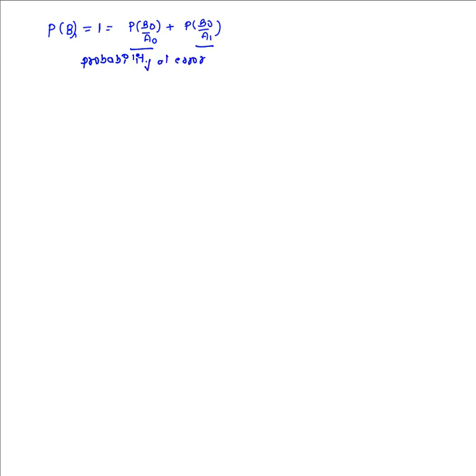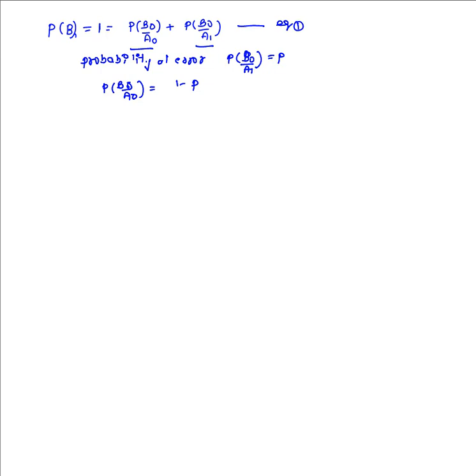The second term, probability of reception of 0 when 1 is transmitted, is actually given by P. Now the probability of correct transmission, reception of 0 when 0 is transmitted, is simply given by 1 minus P. From this equation, let me call it equation 1, the correct probability is obtained as 1 minus P.